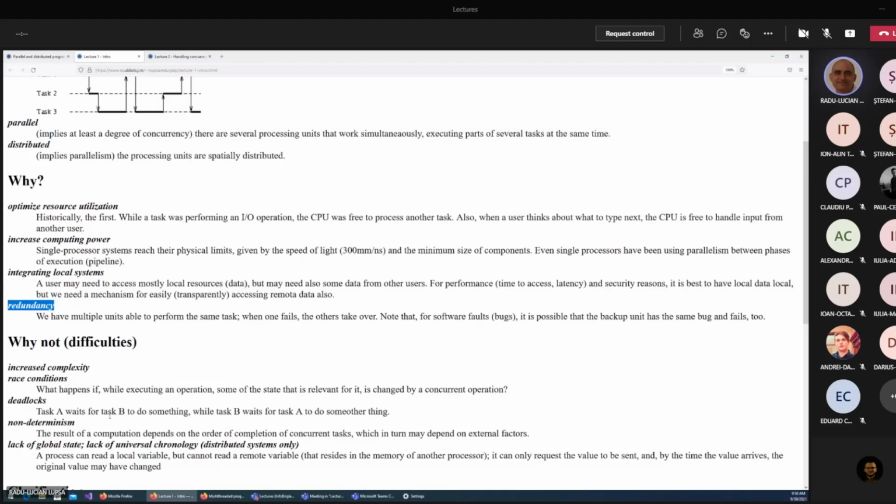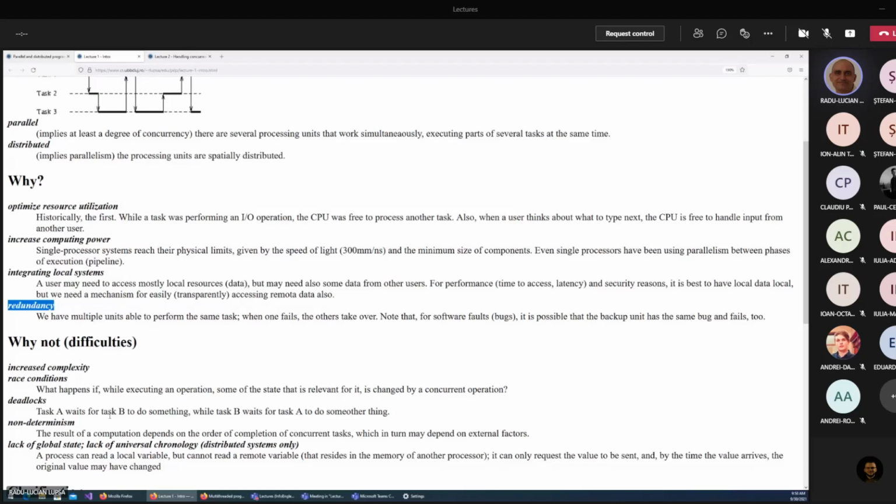They fail completely independently. The same reasoning would probably apply to fires or earthquakes with data centers that are far away from one another.